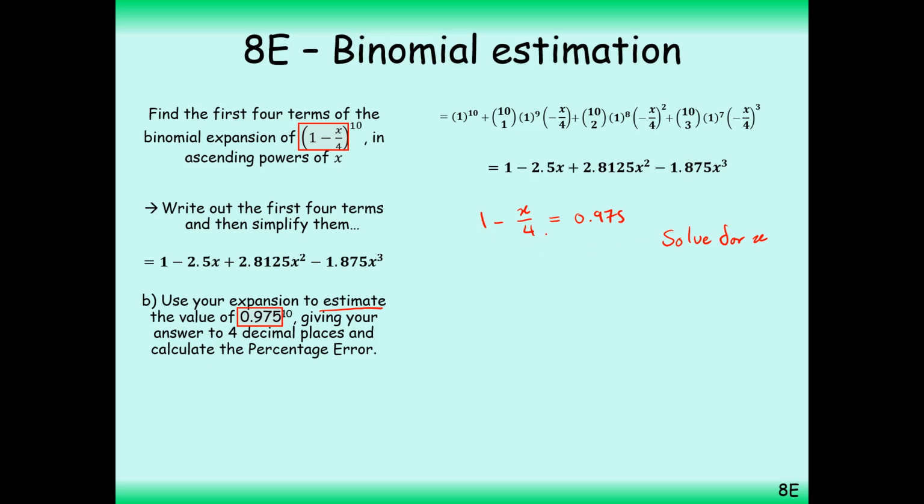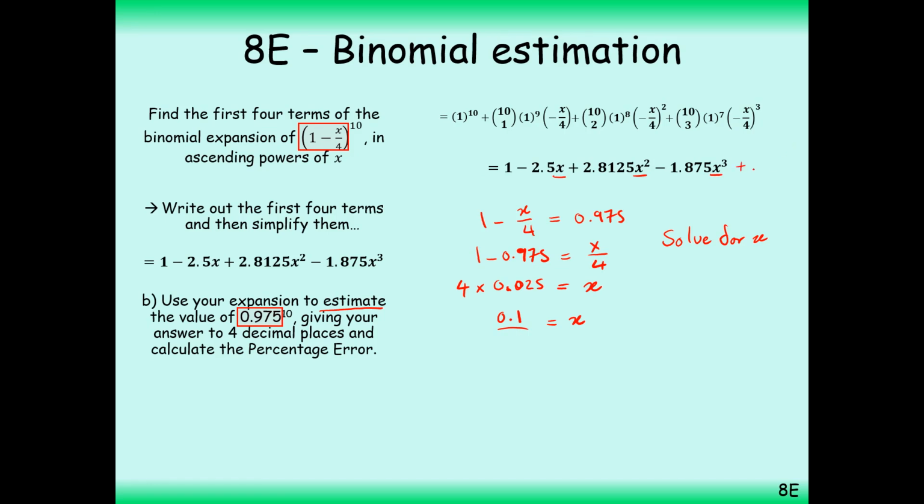So that's the stage we are at. We're going to take away 0.975 and write x over 4 here, and this is 0.025. So when you multiply that by 4, x is going to be 0.1.